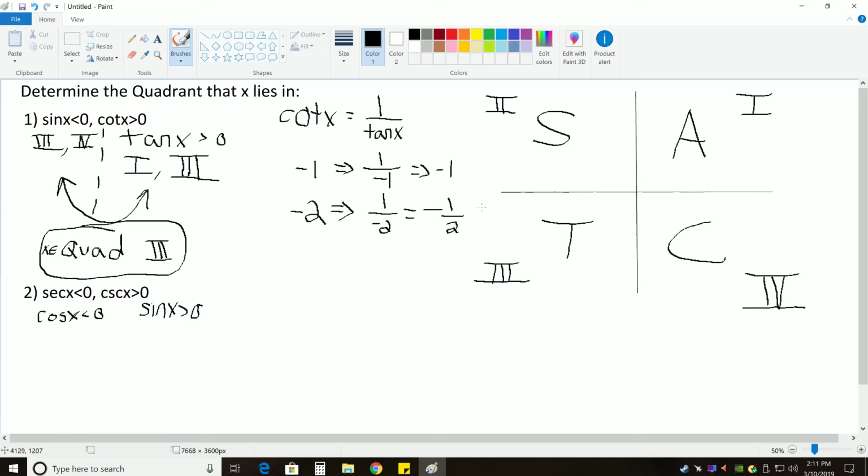So now let's go to our table. We have cosine of x in quadrant 1 is going to be positive because all trig functions are positive in quadrant 1. And now if we move over to quadrant 4, cosine is also positive. Oh, I apologize. We want where cosine is less than 0.